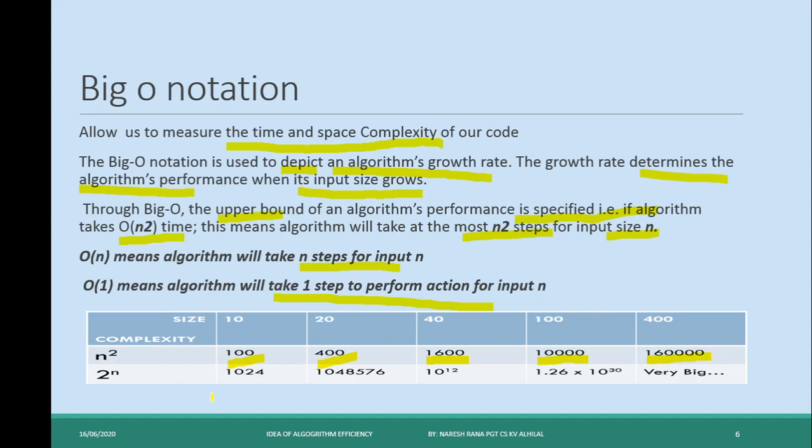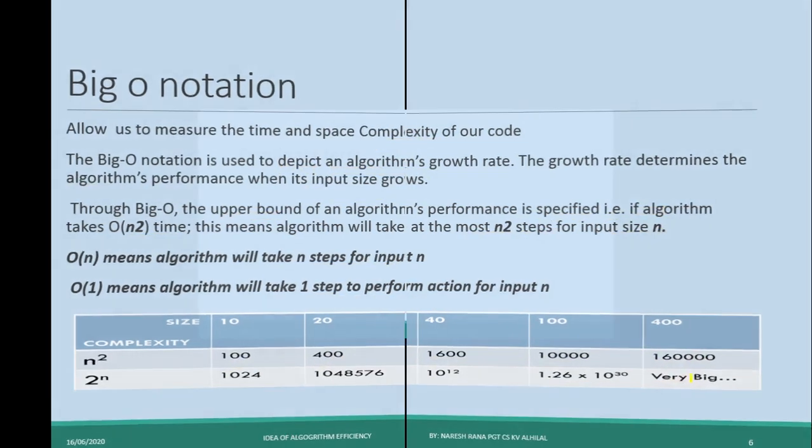And with 2 raised to n, the size increases rapidly: 1024, then about 10 raised to 6, 10 raised to 12, and 1.26 times 10 raised to 30. And if 2 raised to power 4000, then it is very big.